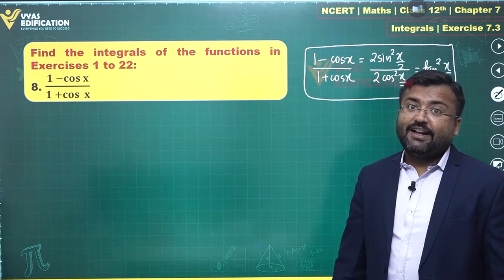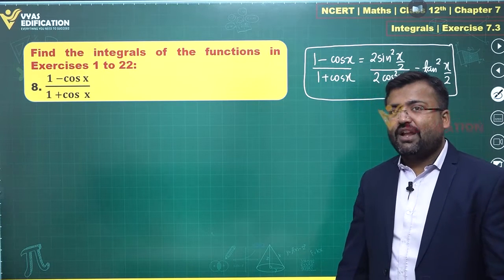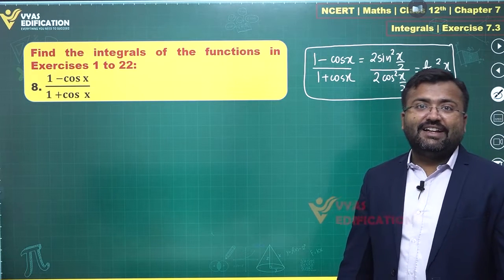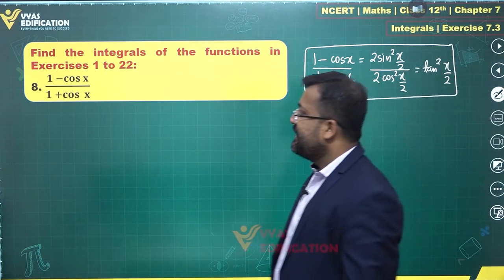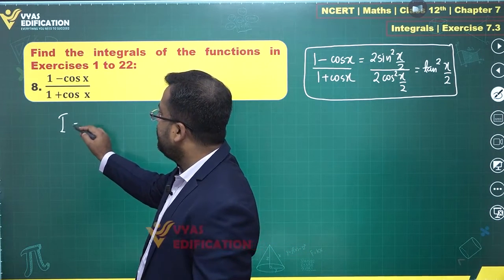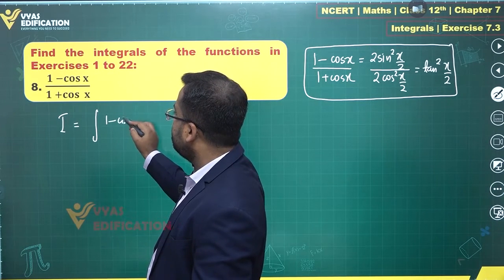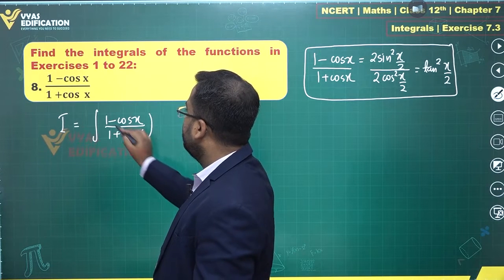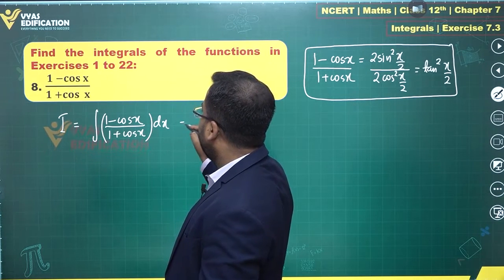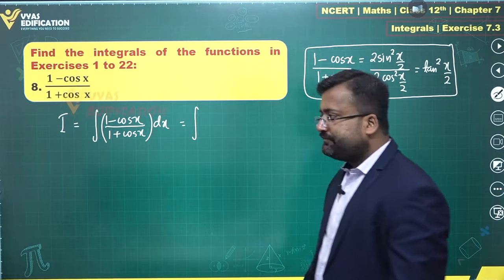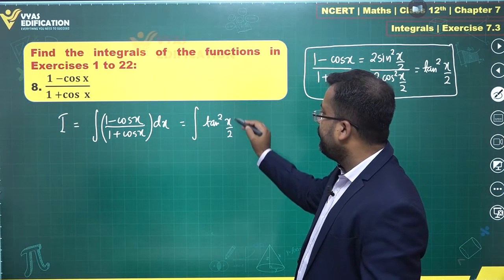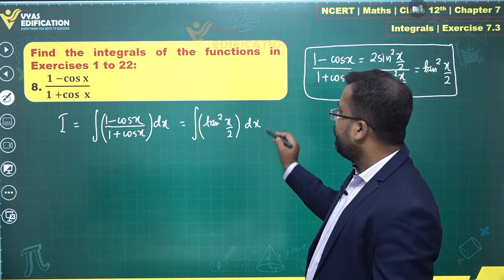Now you can integrate, right? I know the integral of tan square. Not exactly tan square, but I know how to find it. So I will be equal to the integral of 1 minus cos x over 1 plus cos x dx, which simplifies to the integral of tan square x by 2 dx.